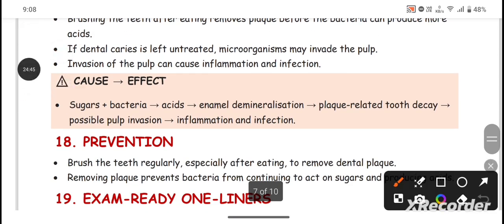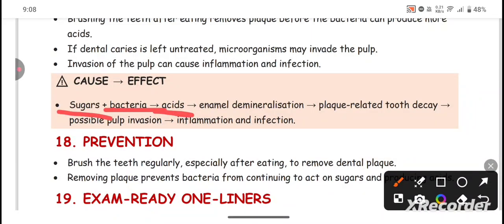So sugars plus bacteria produce the acid. When you consume sugary foods and sugary drinks, obviously the sugar will be deposited on the teeth and acted upon by the bacteria, which produce acids that damage our enamel and lead to plaque formation, which is related to tooth decay.